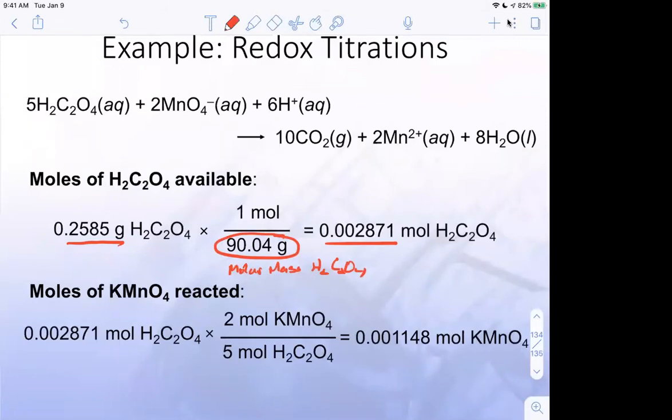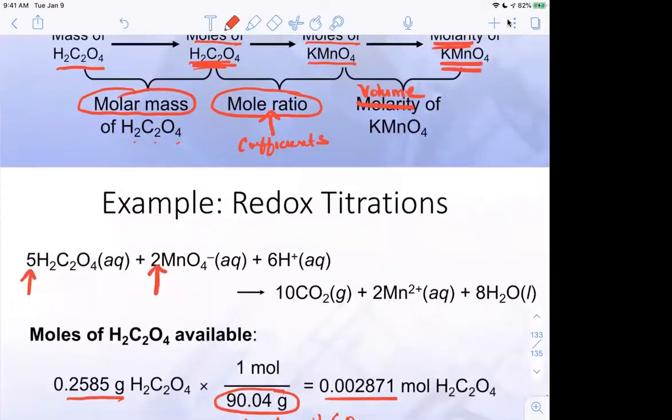Now, notice my ratio here is 5 moles of oxalic acid react with 2 moles of permanganate, and this is the mole ratio that I get from that balanced chemical equation. Oxalic acid is going to be on the bottom because I want to cancel. And when I do this, I know that I have 1.148 times 10 to the minus 3 moles of potassium permanganate that was contained in that 22.35 milliliters.